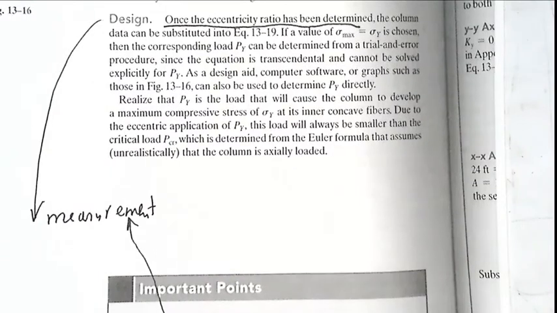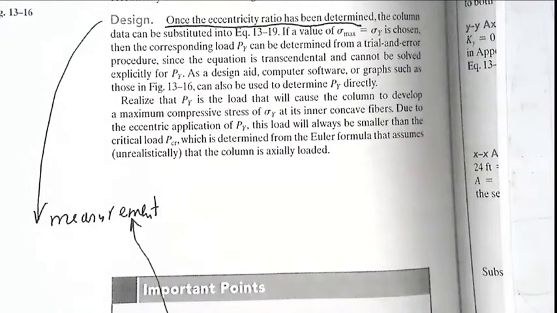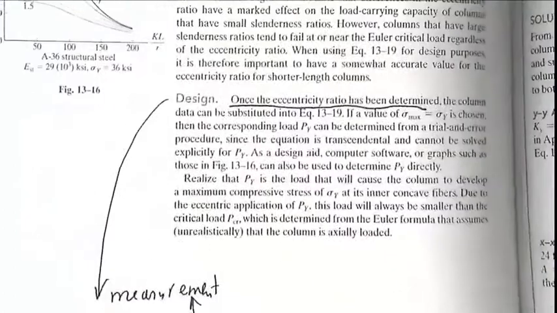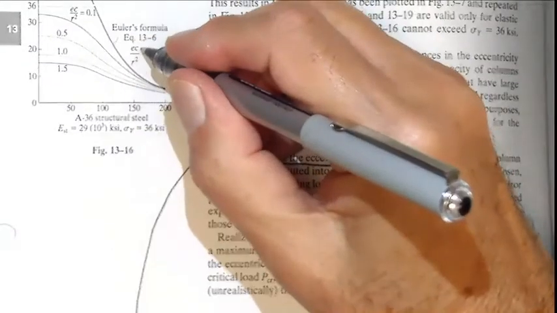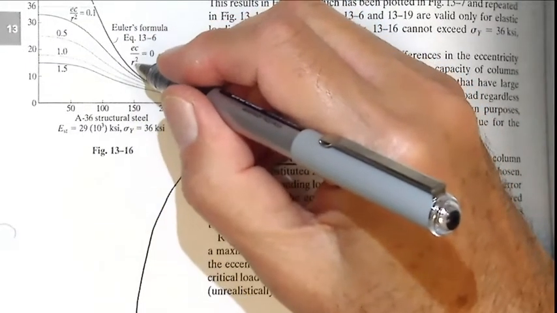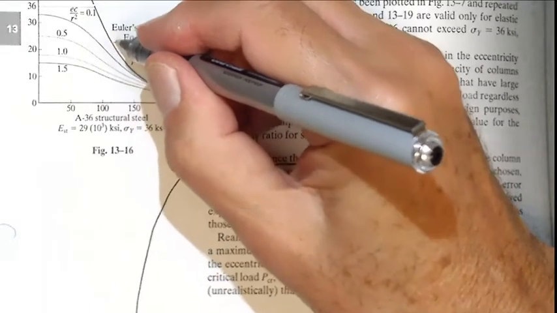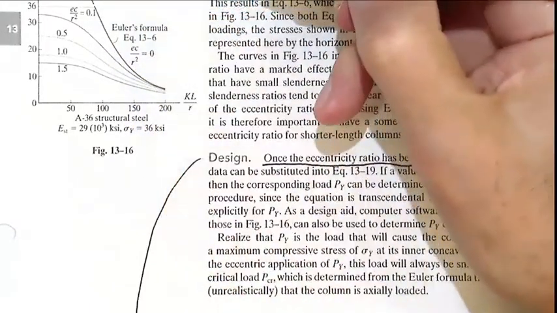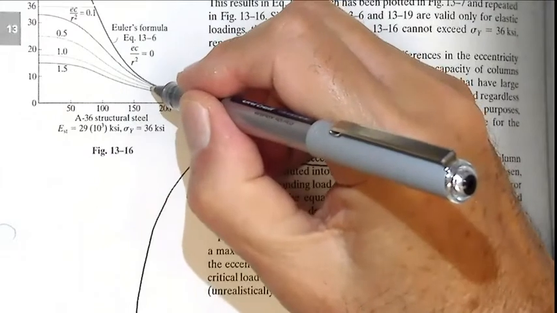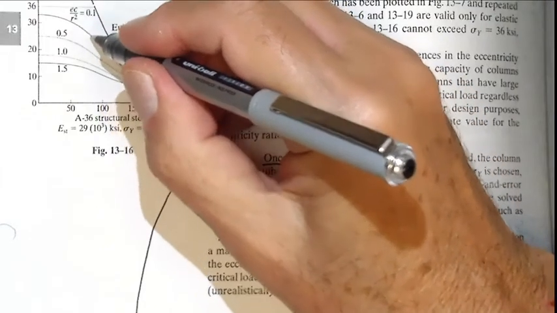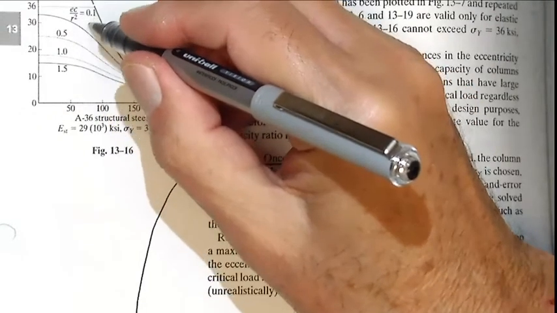Okay, so when ec over r squared equals 0, that is Euler's formula. For nonzero values, then these are the formulas. ec over r squared is 0.1, 0.5, 1, 1.5.